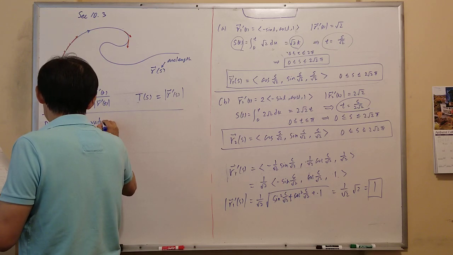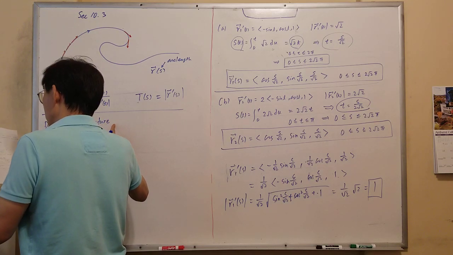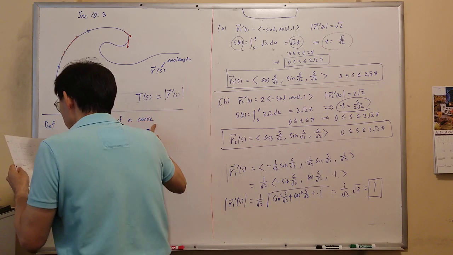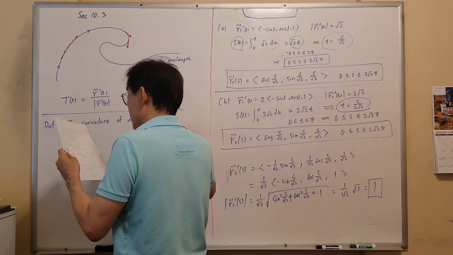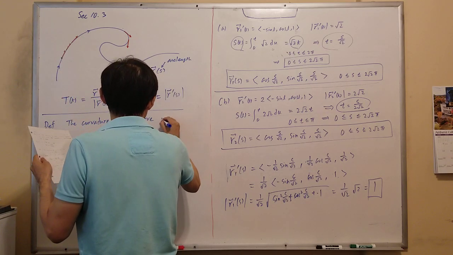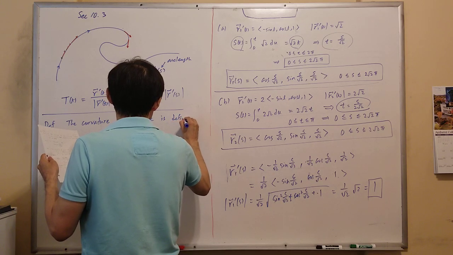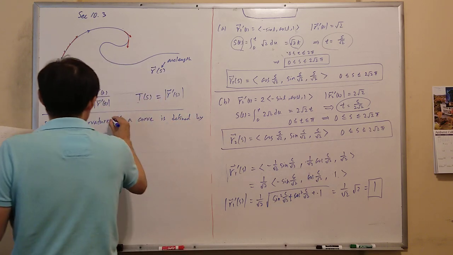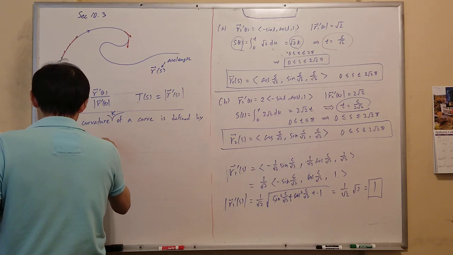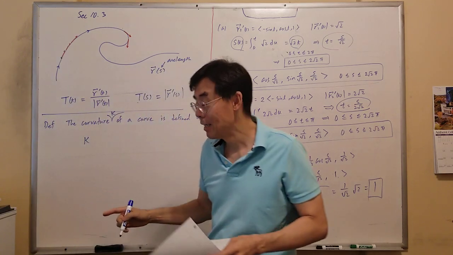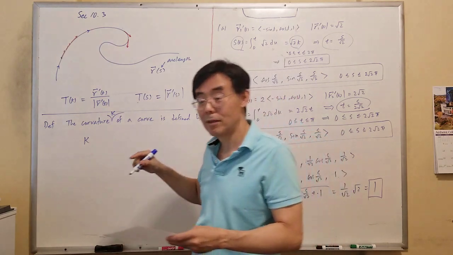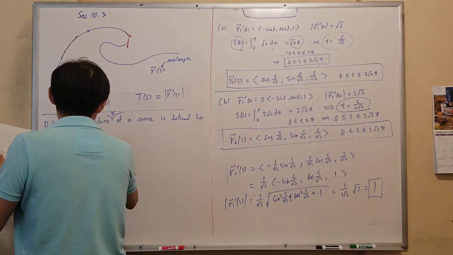The curvature of a curve is defined by the following, denoted by kappa. It's not K, this is actually the Greek letter kappa, which corresponds to the letter K in the alphabet.